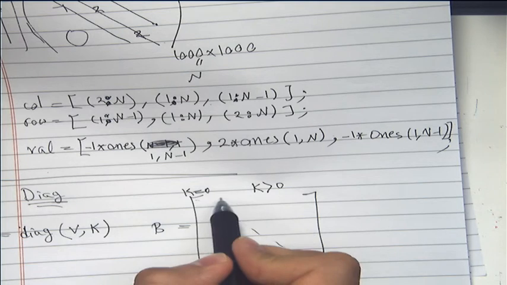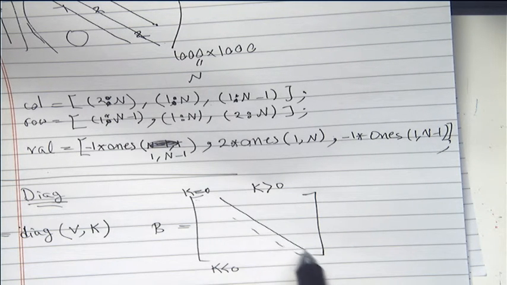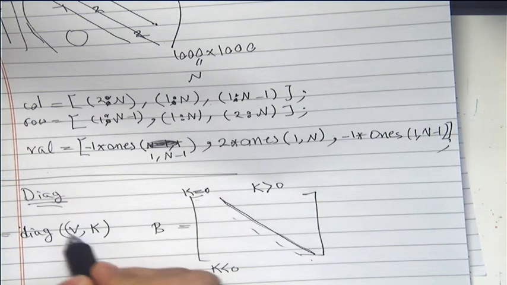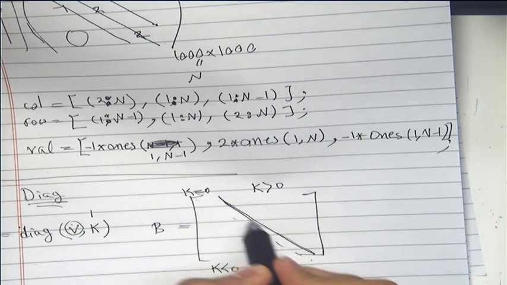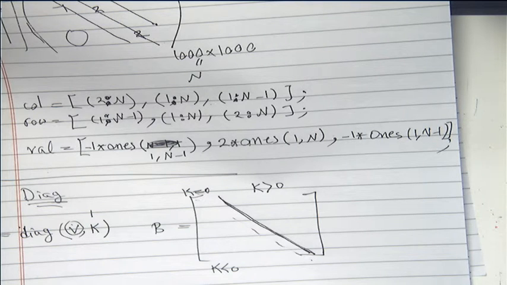So I know what this vector should be. I'm going to put that vector here, and I'm going to put 1 here to create a diagonal where the upper diagonal is -1, and everywhere else it's 0.